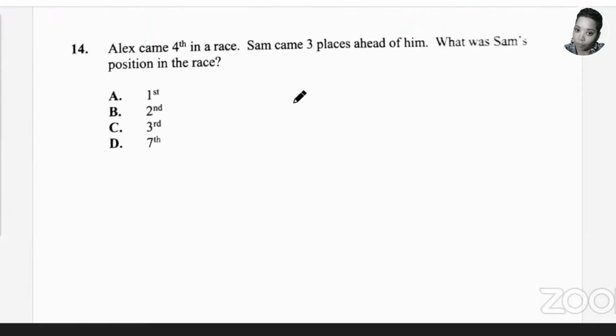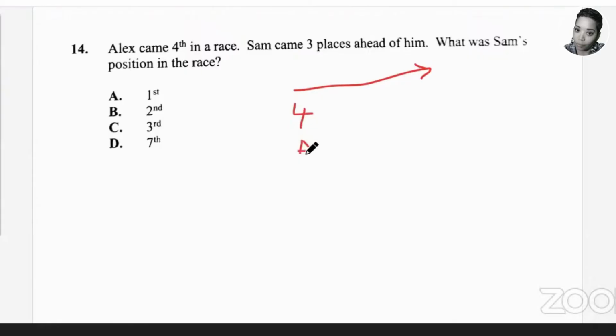All right, question 14. Alex came fourth in a race. Sam came 3 places ahead of him. What was Sam's position in the race? So they're going in this direction. I said sometimes you have to make that as practical as possible. Alex came fourth. So here is 4, and A represents Alex.